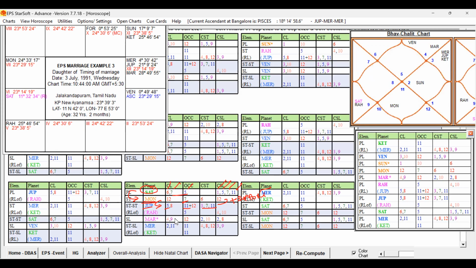It means what? That source planet Saturn is forming ruler link to the star level moon, and also that Saturn is forming ruler link to the Mars. That way, the favorable key planet is passing its ruler link to the star lord and sublord, and the 2A level planet and 4th level planet are also favorable.